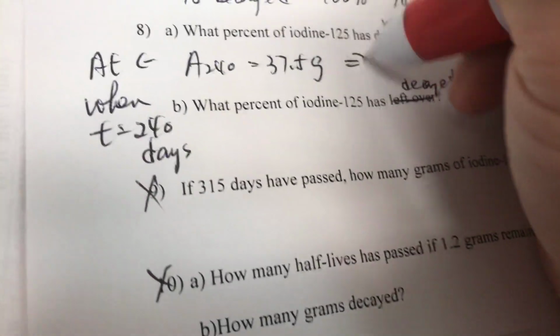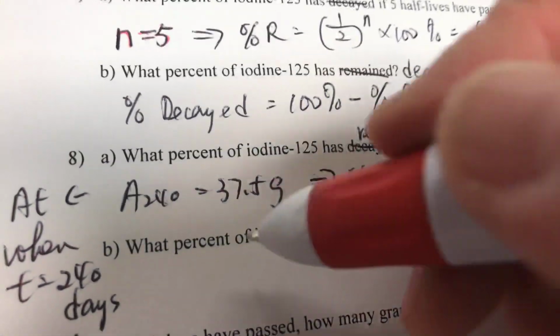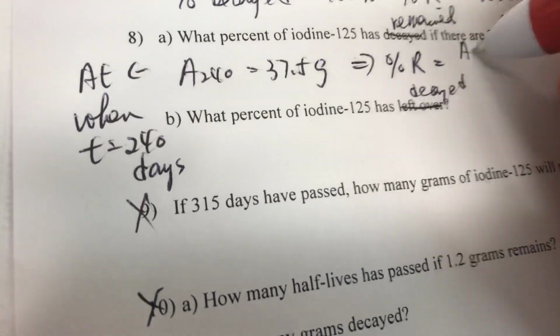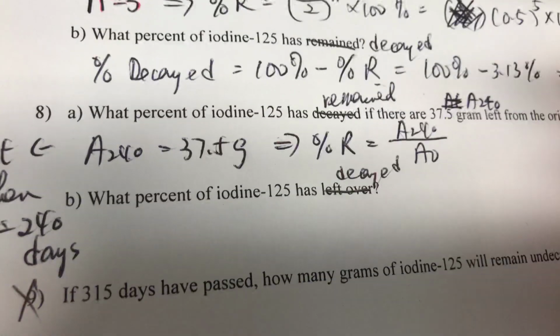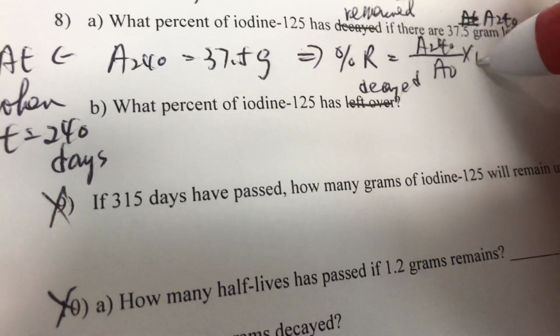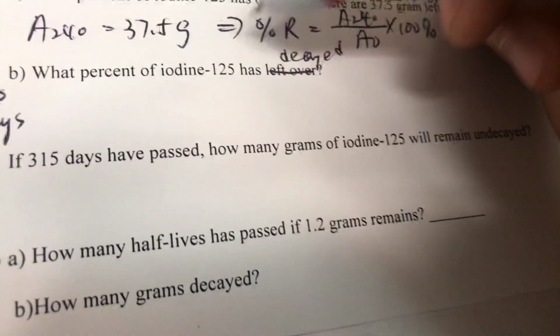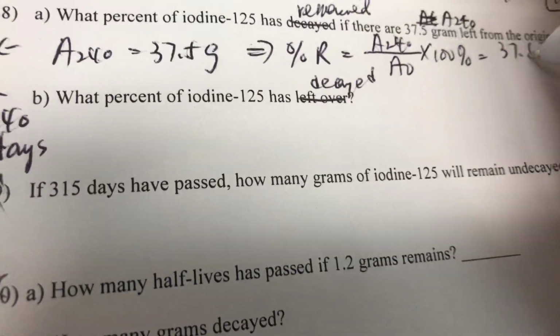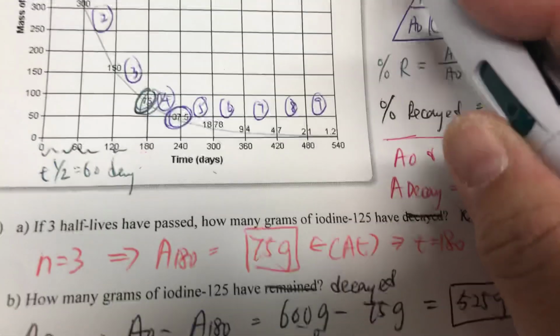So how can I find the percent remaining? I'm going to use this formula, AT over A0 times 100%. This time my AT is A240, which is 37.5 grams, over my A0. What's my A0? My A0 is 600 grams.